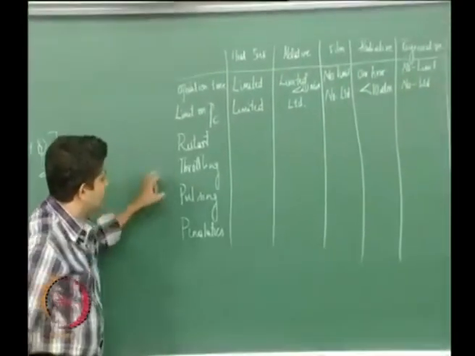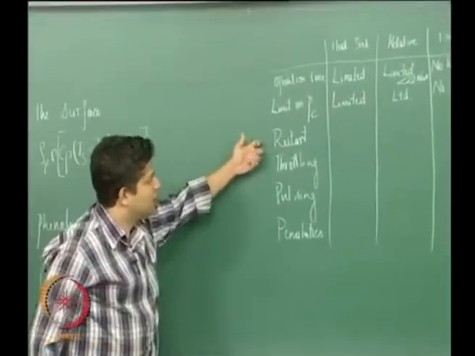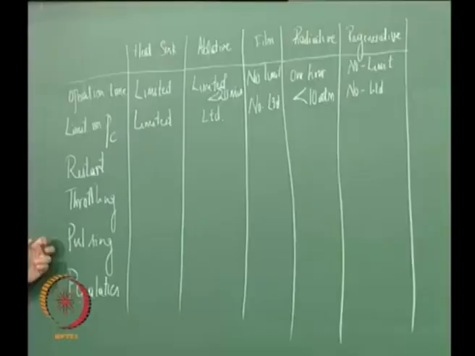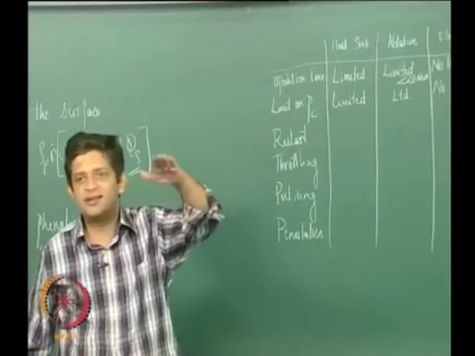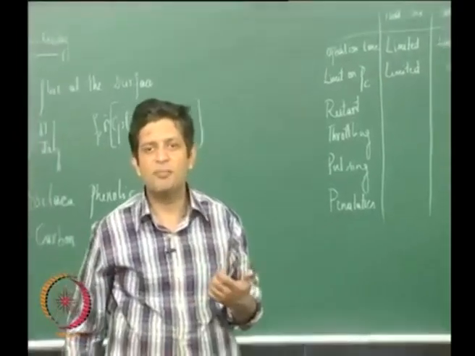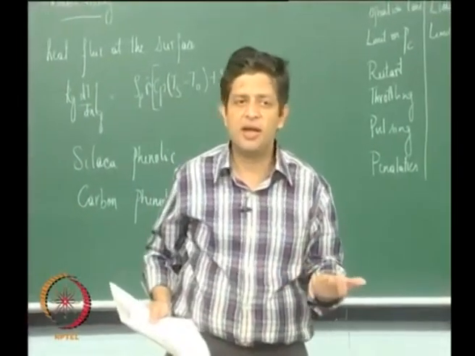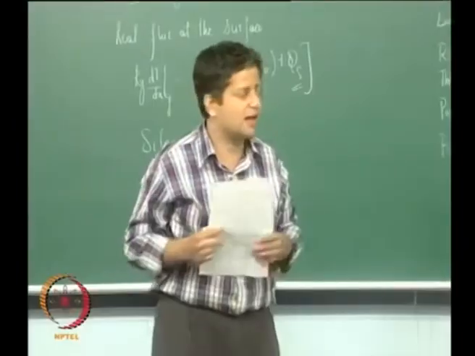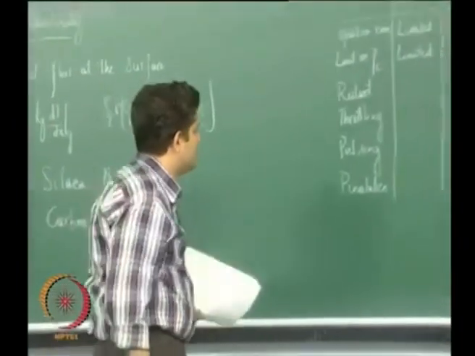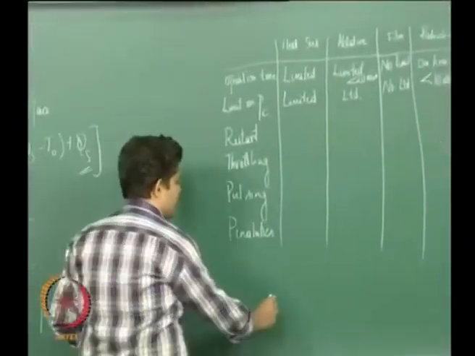Now there are a few things that are possible only with a liquid rocket engine, that is restart, throttling and pulsing. Throttling is you can change the thrust level by adjusting the flow rate of the liquid. Pulsing is as we had discussed earlier with reference to monopropellant thrusters.